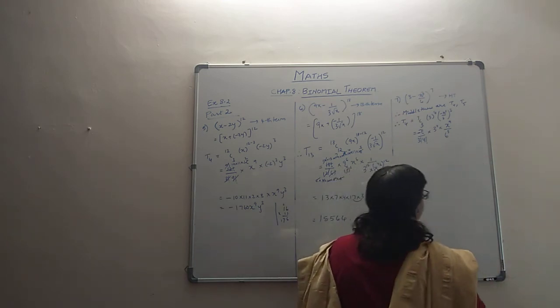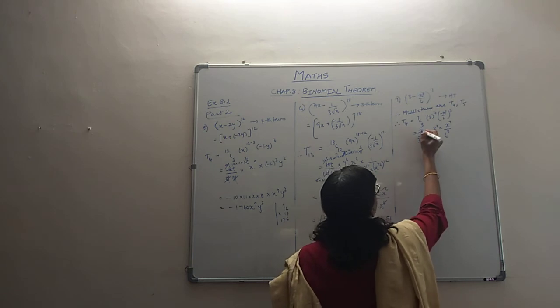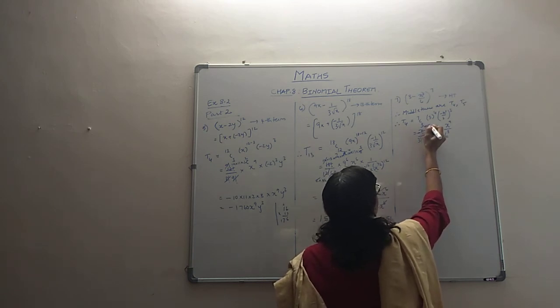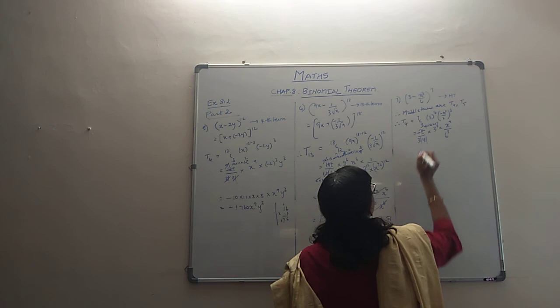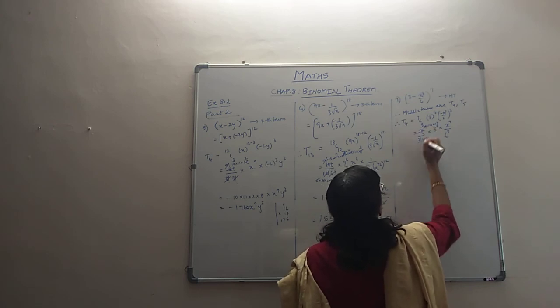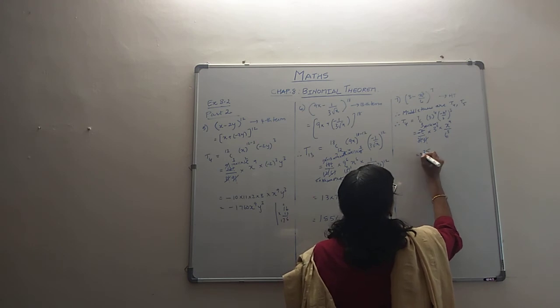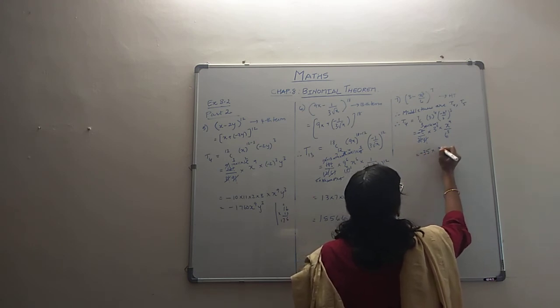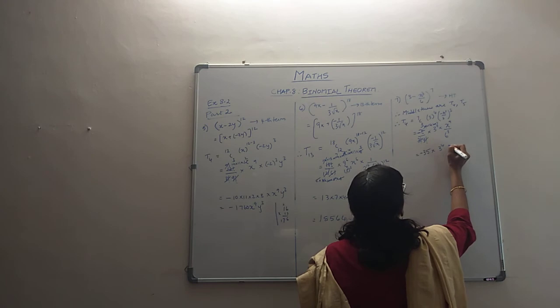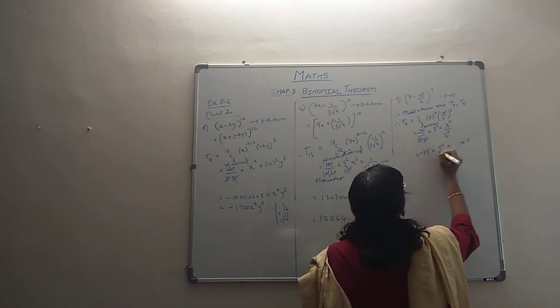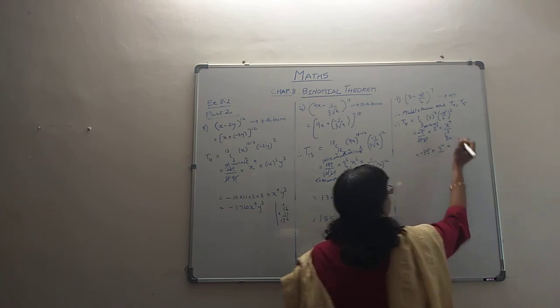So, let's see how we can solve this. This can be written as 4 factorial into 5 into 6 into 7. So, 4 factorial can get cut and 6 can get cut. We are left with 35 negative into 3 raised to 4 into x raised to 9. Now, this 6 is 3 into 2 actually.